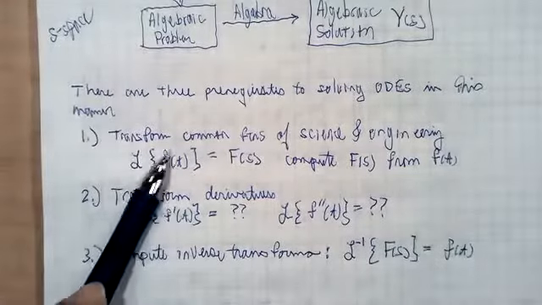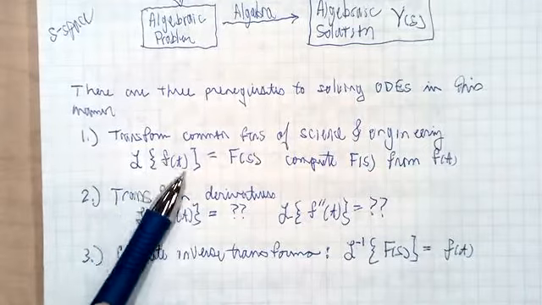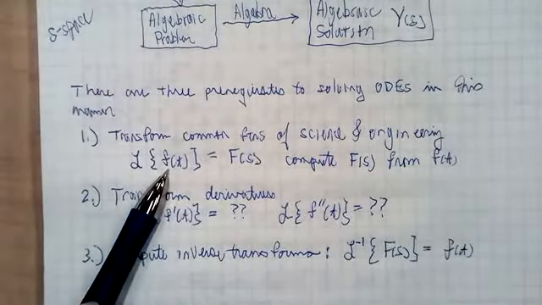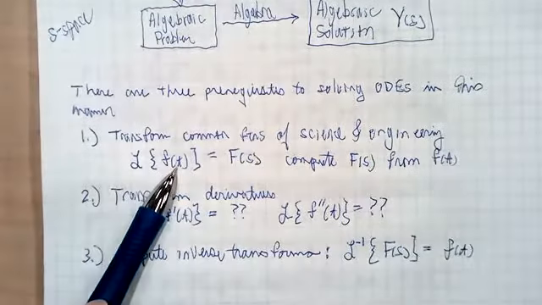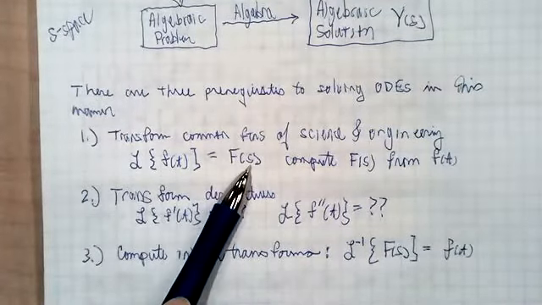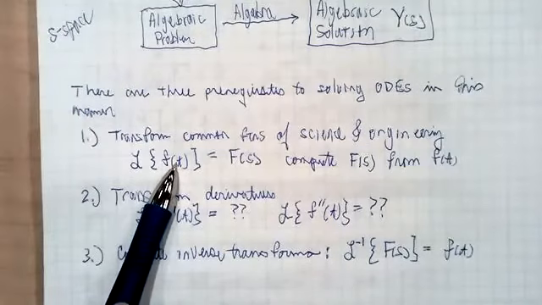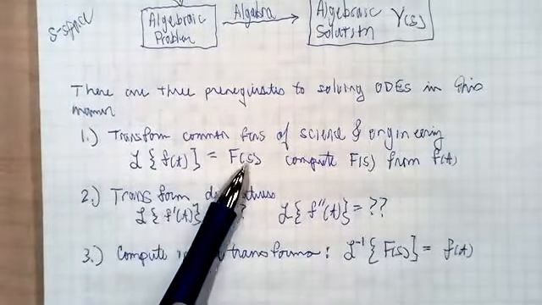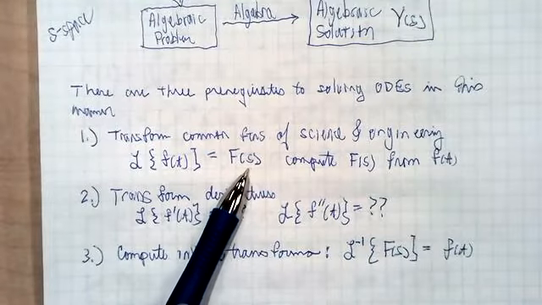And so this f of t is a function that's involved in the ODE. And the standard notation is this: you use lowercase for functions of t and uppercase names for functions of s. And we do traditionally use t for the variable in the ODE, and then s for the variable after you've transformed it with the Laplace transform. Now, of course, there's no reason you have to do it that way.